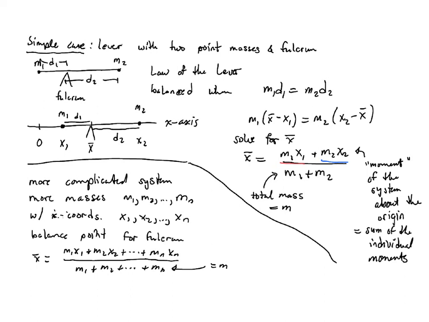Now, the situation is almost exactly the same on the next page, where we look at some masses that are not on a single line but are actually in the coordinate plane. So I'll draw this with 3 point masses. Say that M1 is over here in the first quadrant.